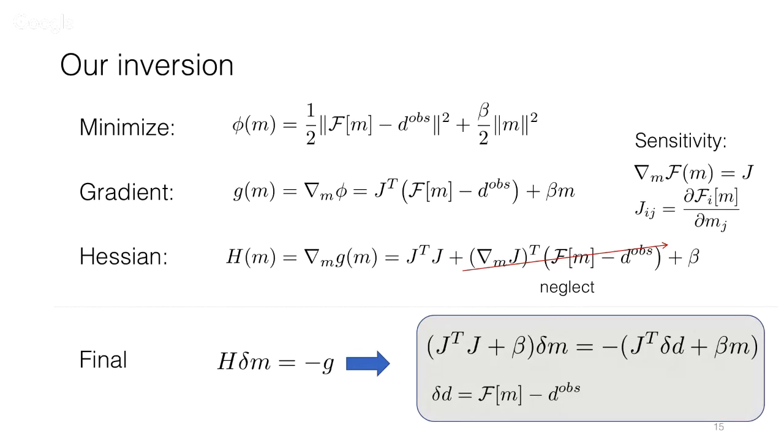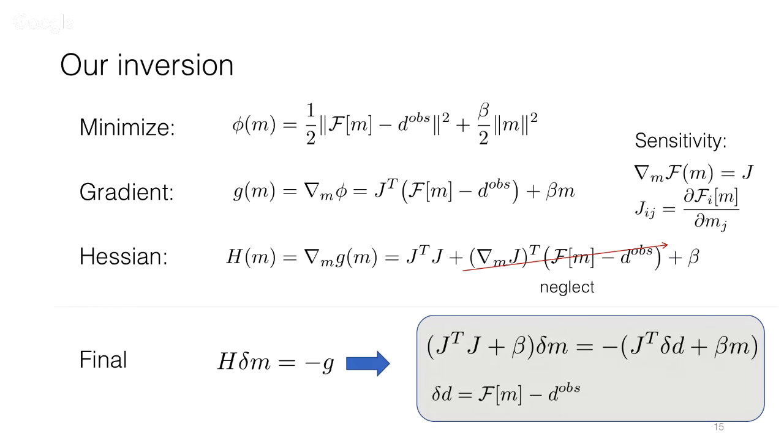Okay, so that's J. The gradient is simply like this: it's J transpose times the difference between observed data and predicted data. Okay, so that's it. We've got the gradient at least.